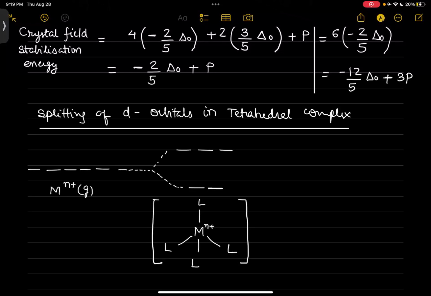In a tetrahedral complex, dxy, dyz will have higher energy, and dx2-y2 and dz2 will have lower energy. So it is entirely reversed. This gap between the energy of the d orbitals is known as delta t.